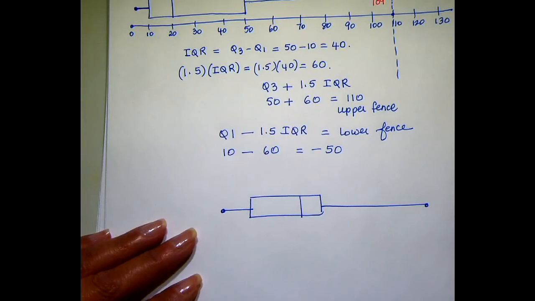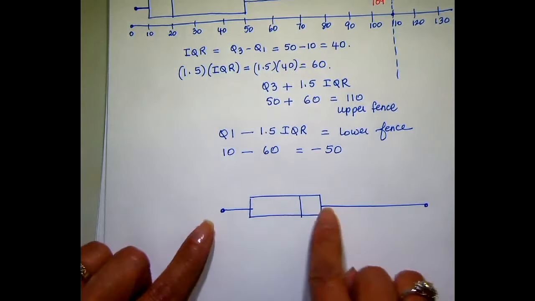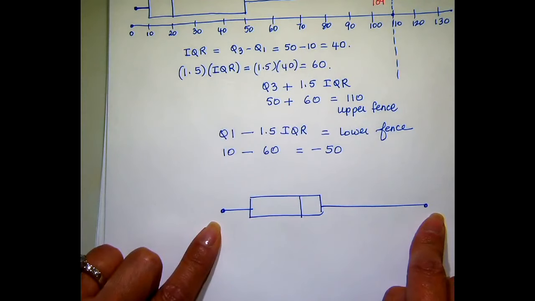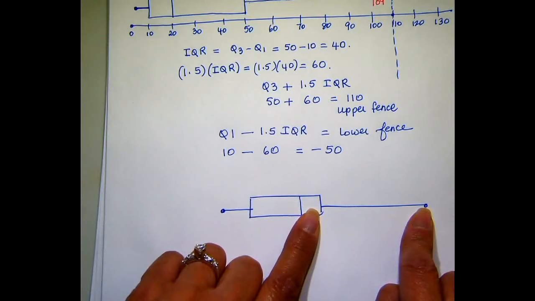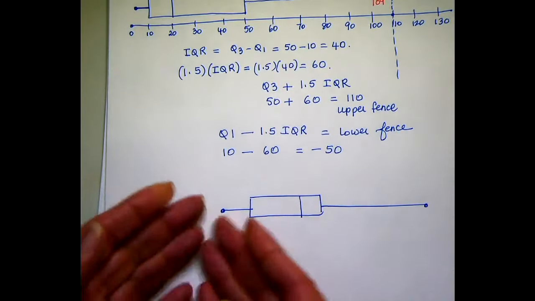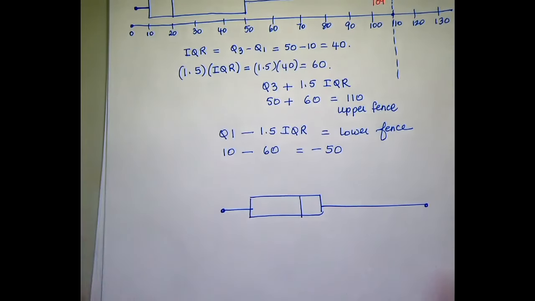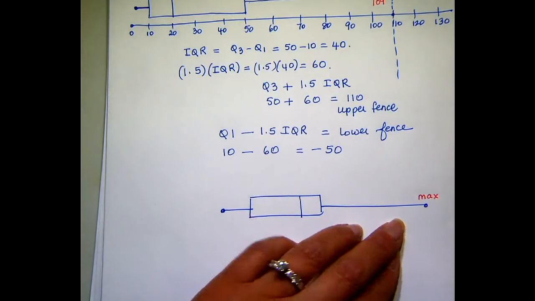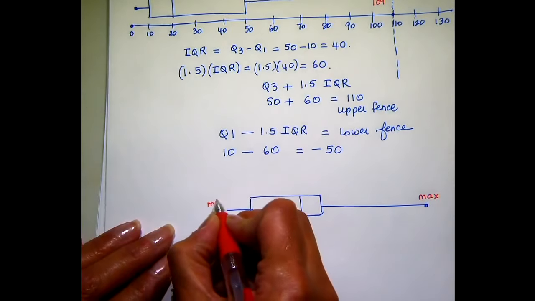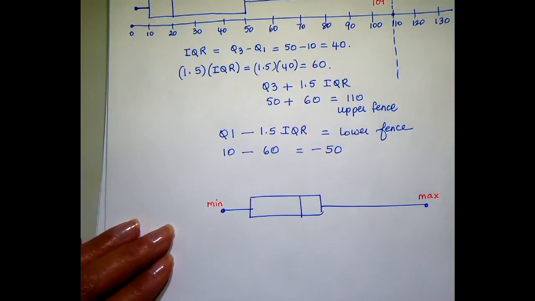Look, people, you cannot look at the whisker to determine the skewness because the whisker will go to the last outlier, right? If this is a box plot, it's not a modified box plot. It's just a box plot, right? This value is the maximum value in the data set. This value is the minimum value in the data set.